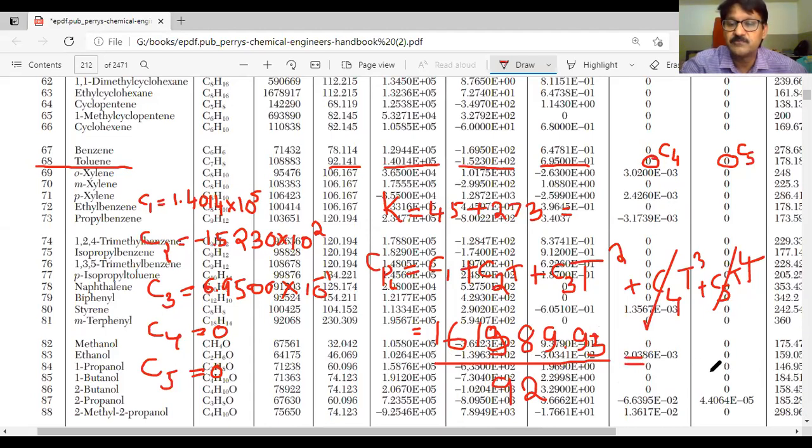Divide this by 92. 1758.0. So 1758.0 joules per kg Kelvin.